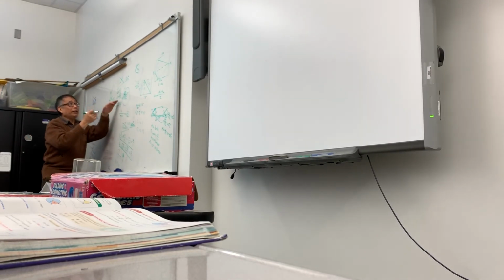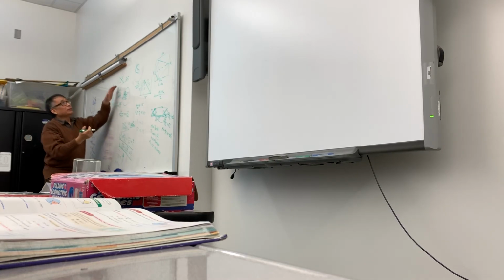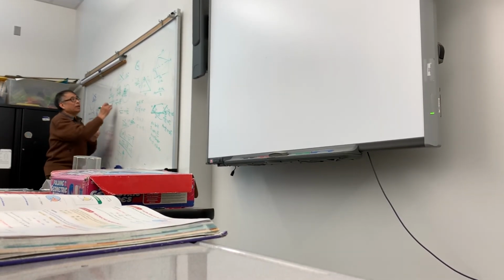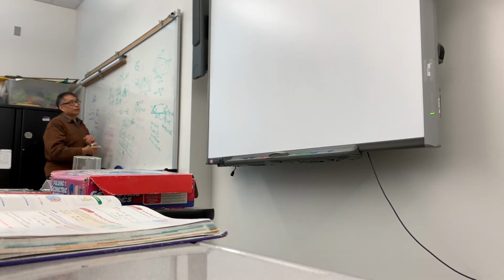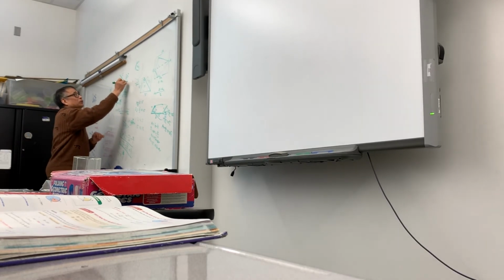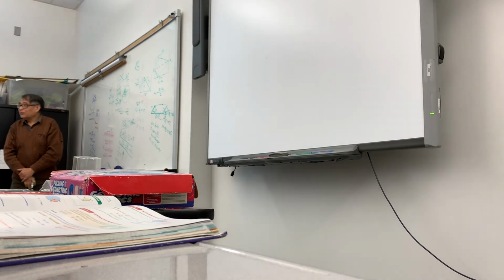The length ratio squared is the area ratio. 100 over x equals 25 over 16. Is that okay? Now reduce, and x equals 64. This one should be 64. Do you understand me or not? Yes or no? Yes.